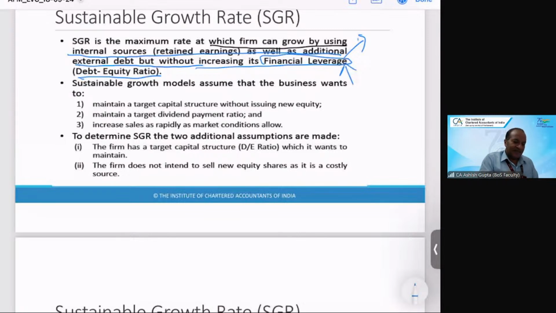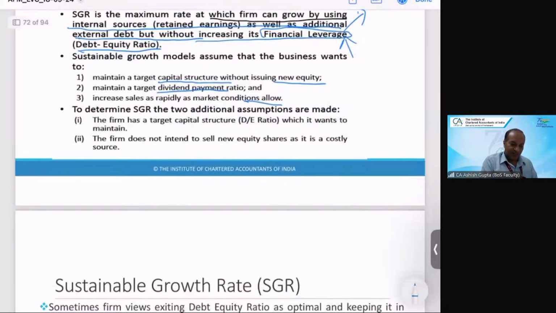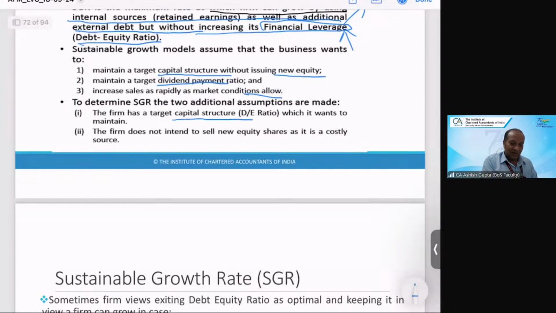So what they say is that we have to increase the debt, but not so much that we have to issue new equity. We don't want to issue equity, and we have to maintain our payout ratio, increasing sales rapidly as the market allows. To determine our sustainable growth rate, we have to make some additional assumptions: the target capital structure which it wants to maintain, very important, the debt equity ratio shall not be changed, and the firm does not want to sell new equity.